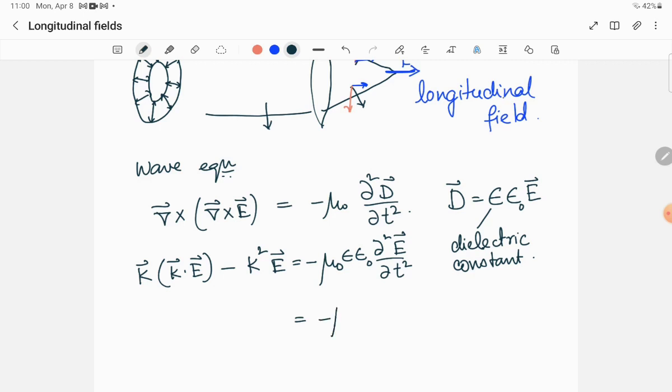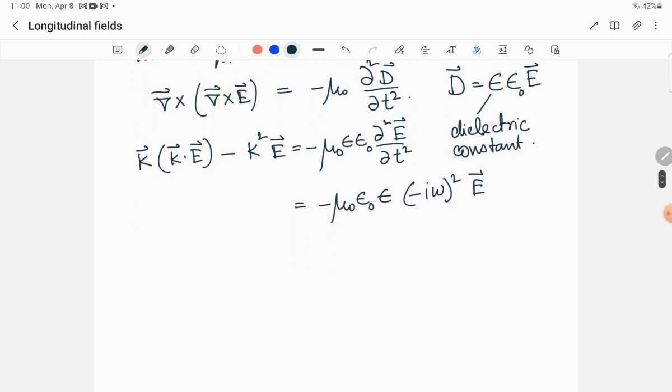So this can again be written as epsilon minus i omega square E. Okay, we have done the partial derivative, and this mu naught epsilon naught can be substituted by 1 over c square. So what we have left here is, that comes from the i square, epsilon omega square by c square E. This is what we have.